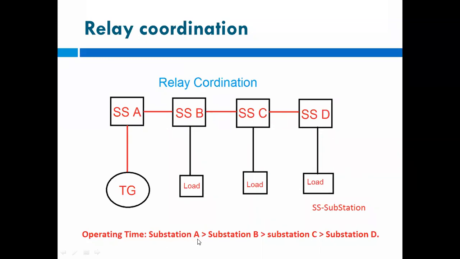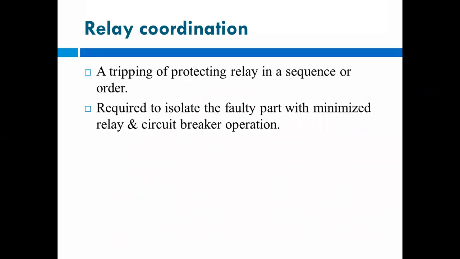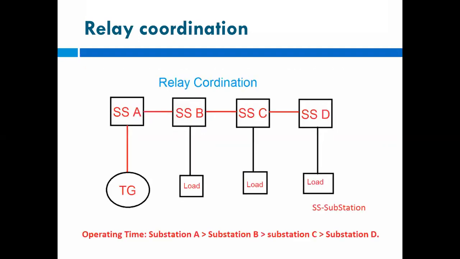Now operating time for substation A is more than the operating time of substation B, then C and then D. Okay, it is just like the previous one, that is the relay operating time near the substation is more than at the load point.